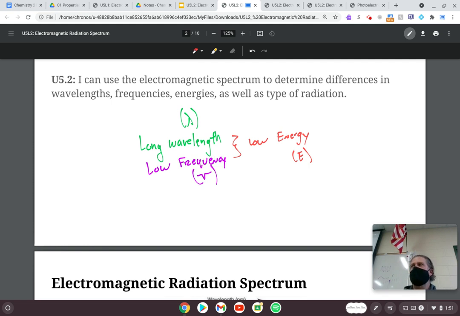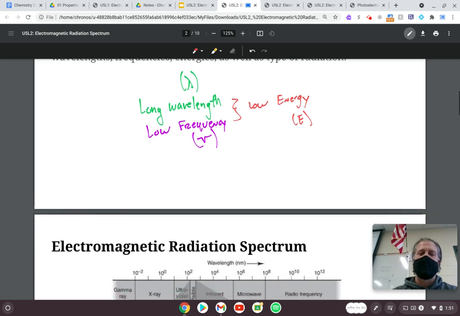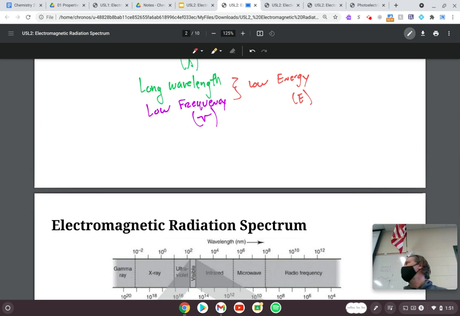And as a result of that, we are now going to move into something more specific about the electromagnetic spectrum. In your note packets, there is the electromagnetic spectrum diagram that is all gray and white. On my end, you're going to see that it has some colors to it, but we're going to talk about that in a second.